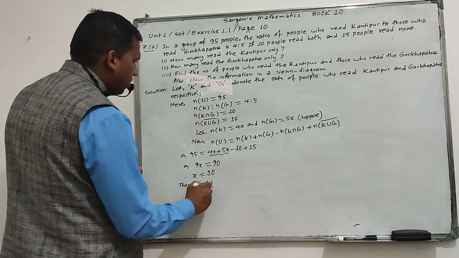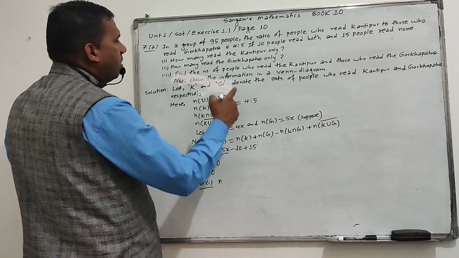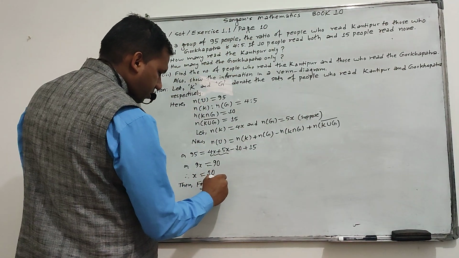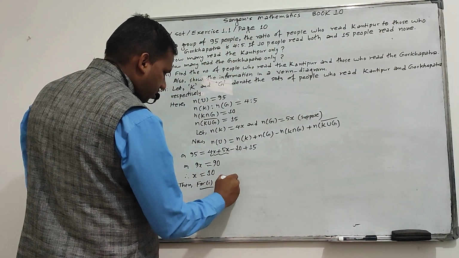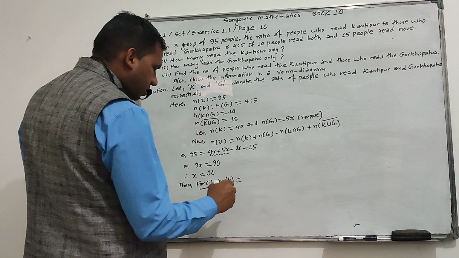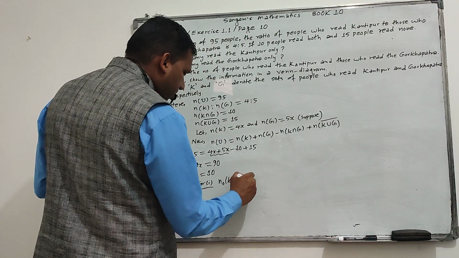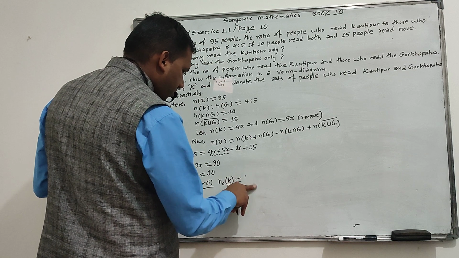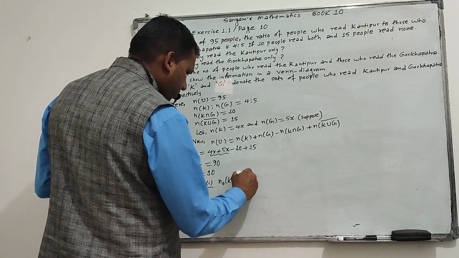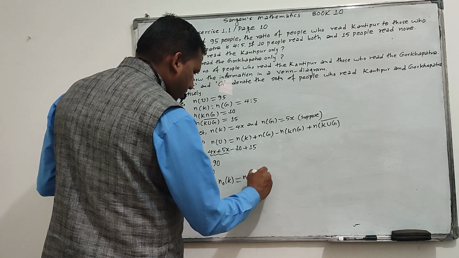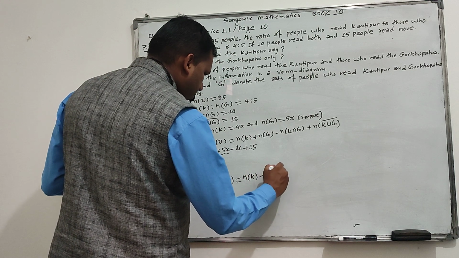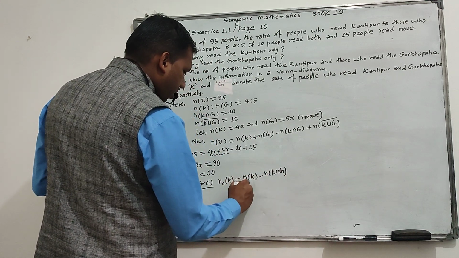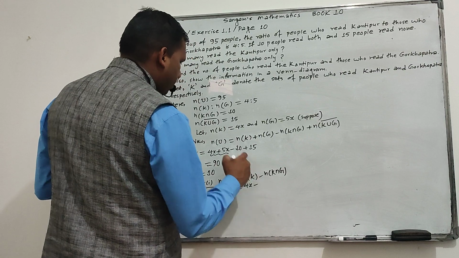Then for 1, now to find who read Kantipur only. n naught K equal to number of K minus number of K intersection G, and that equals 4x minus intersection, which is 10.